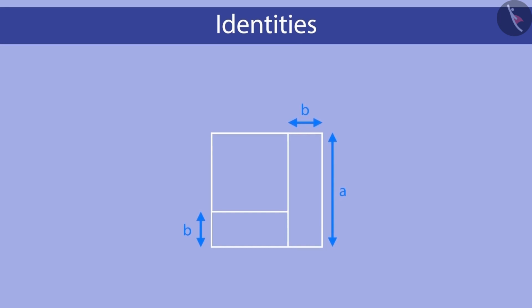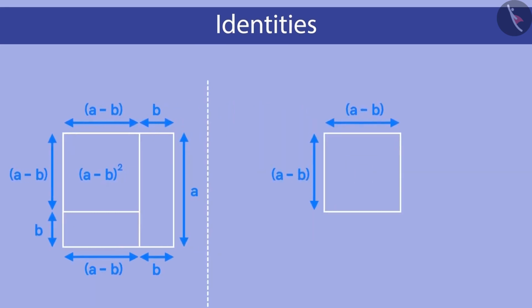Now, can you tell what will be the area of the smaller square? We know this length is a and this length is b. So the side of the smaller square will be a − b. Therefore, the area of the smaller square will be equal to (a − b)².